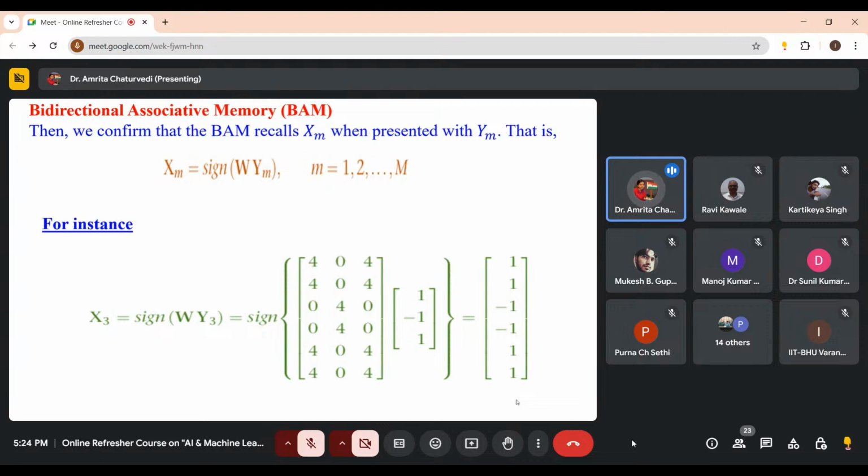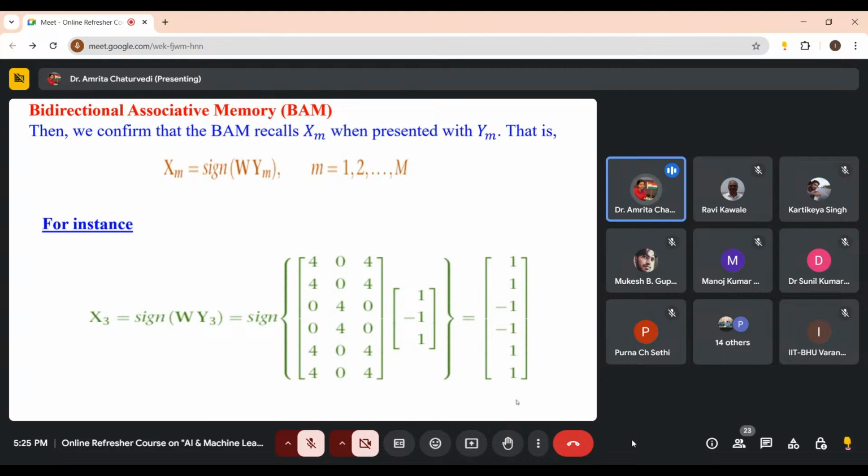Now we will be doing vice versa. Suppose we present any value of y, we will be multiplying it by w, applying the activation function to see whether we get the corresponding pair of that y value. Okay, so suppose we take 1 minus 1 1 as the y value to check. We multiply by the weight matrix and apply the activation function.